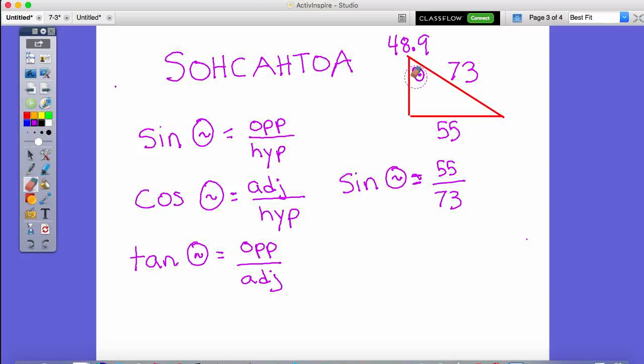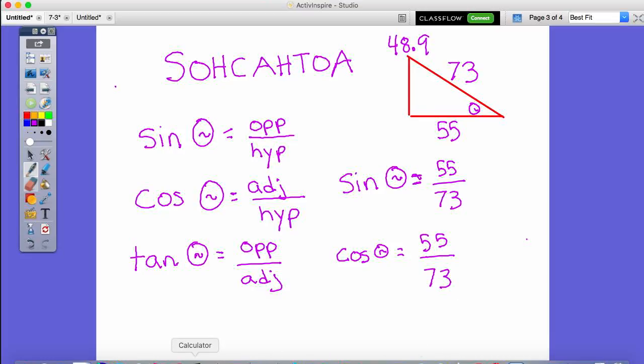Now let's say I want to find this angle. Well, now I'm not using sine. I have the adjacent and the hypotenuse, so I'm actually using the cosine ratio. So the adjacent is 55. The hypotenuse is 73.